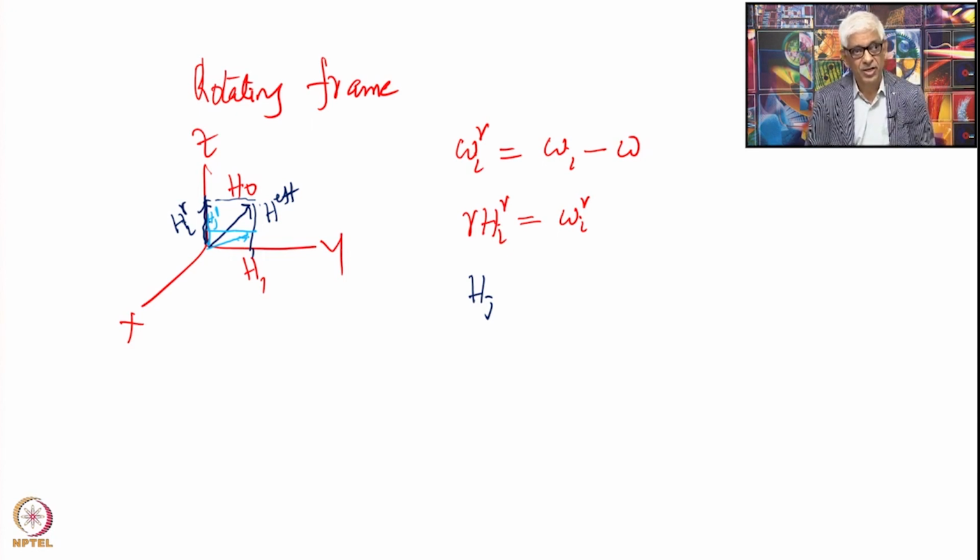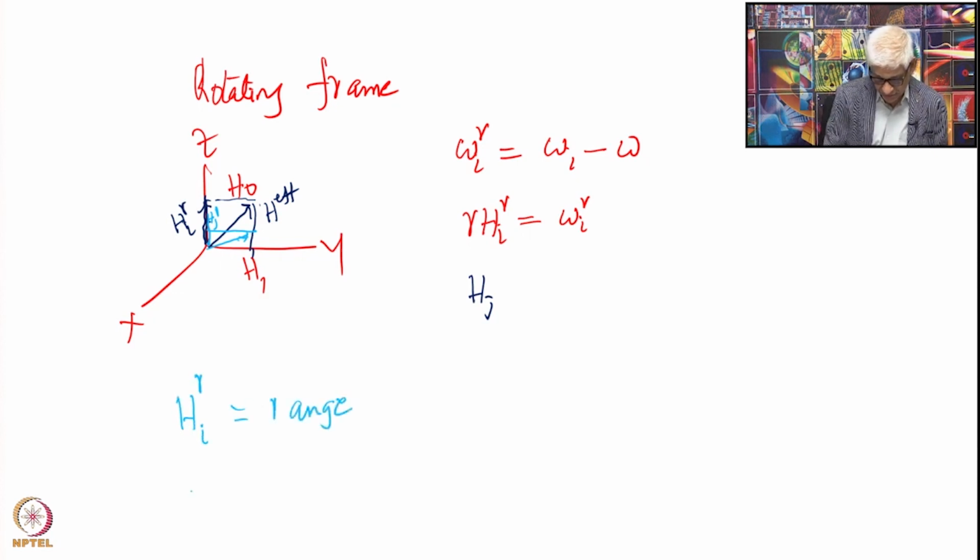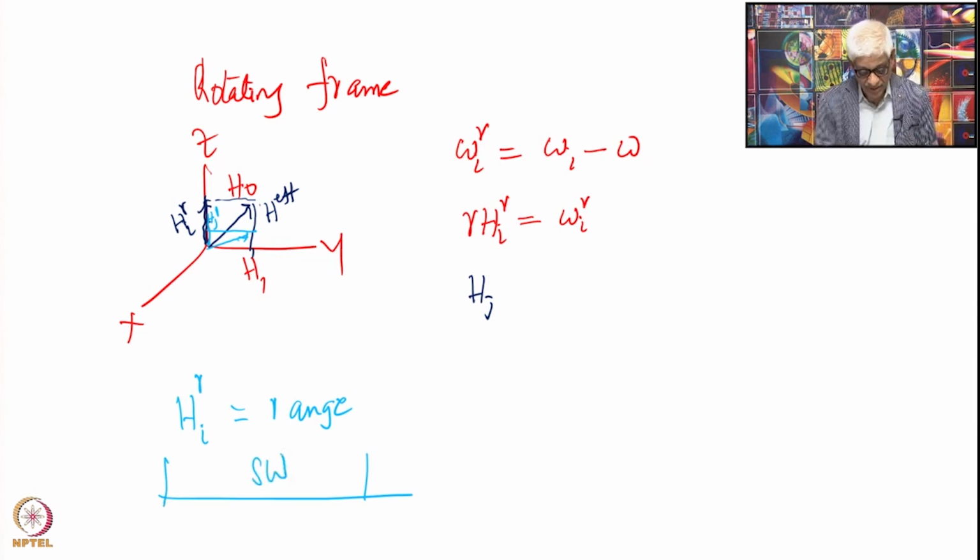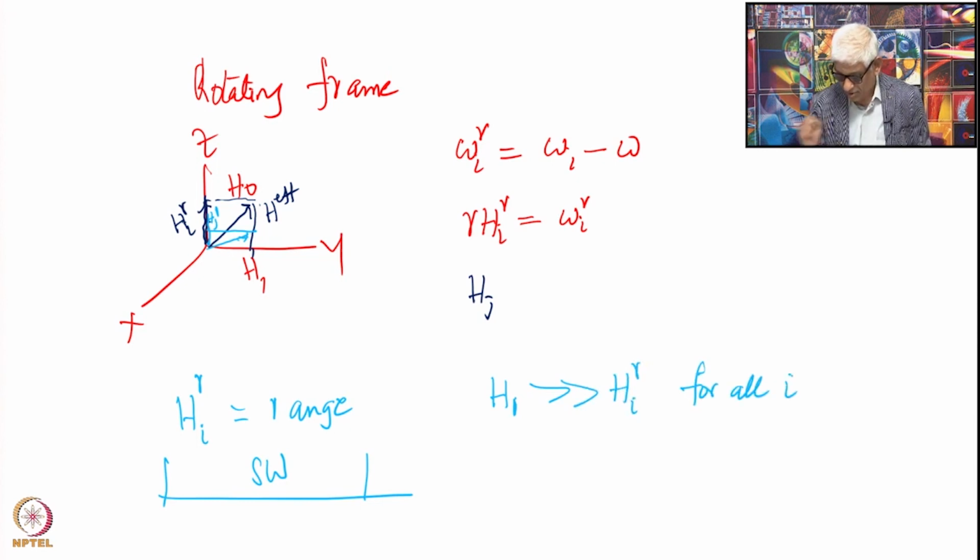Now, suppose I have H1 very large. I have a range of H I r, because of the spectrometer frequency or the spectral range I have here, this much. So, correspondingly H I r will also go to a certain range. H1 is much larger than H I r for all I. What will be the effective field?